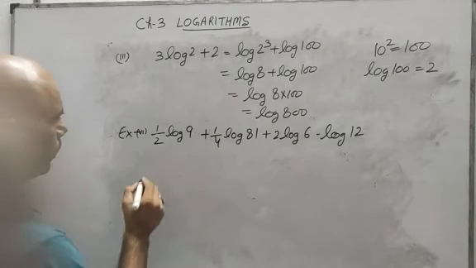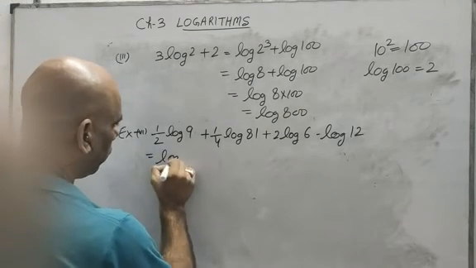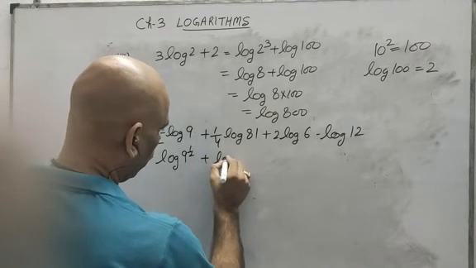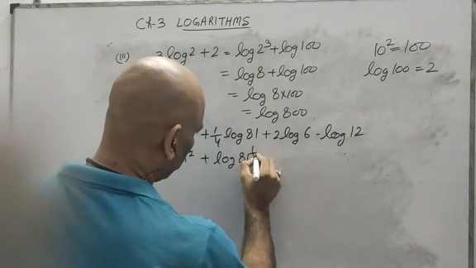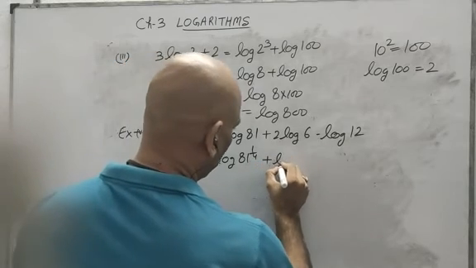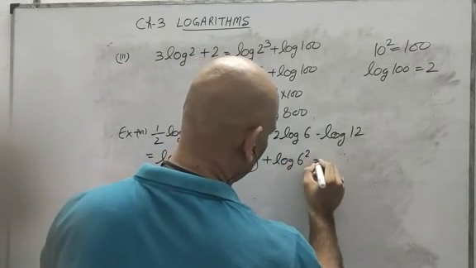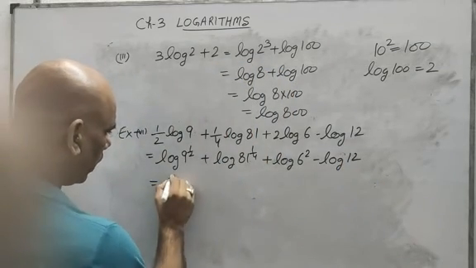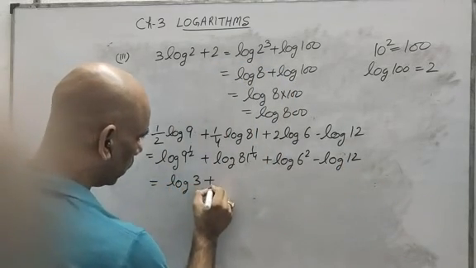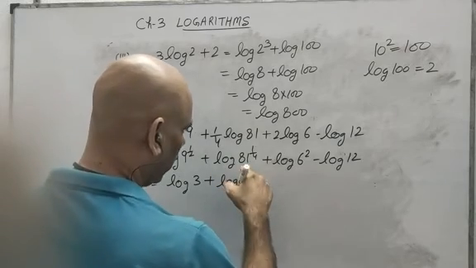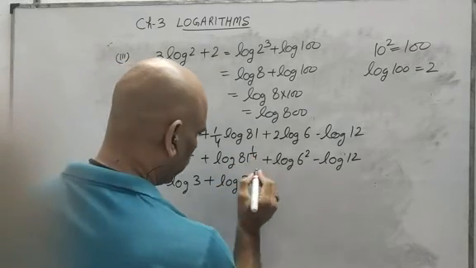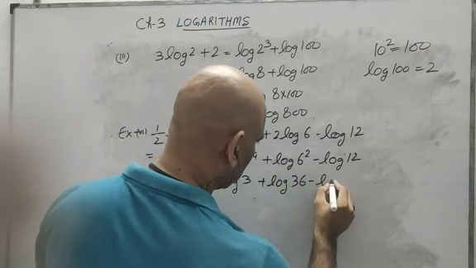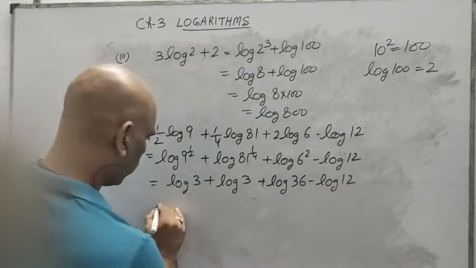This way, the half will go as power. Log 9 to the power half, log 81 to the power 1 by 4, log 6 square, minus log 12. So 9 to the power half will be 3, 81 to the power 1 by 4 is 3, since 81 is 3 to the power 4, and 6 square will be 36, minus log 12.